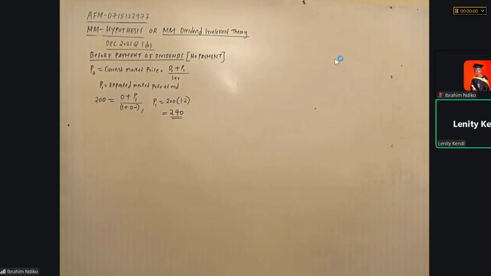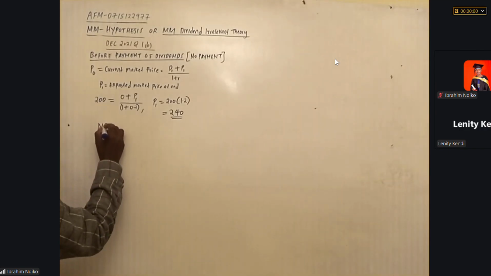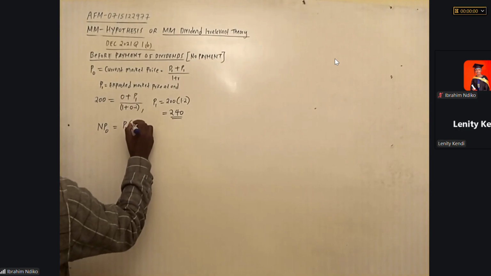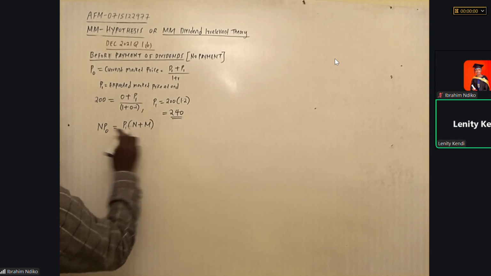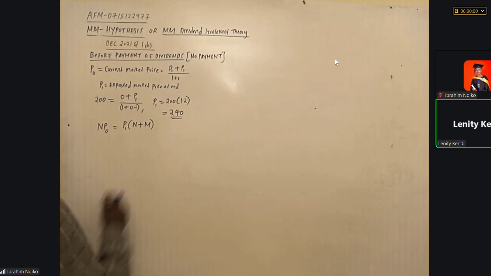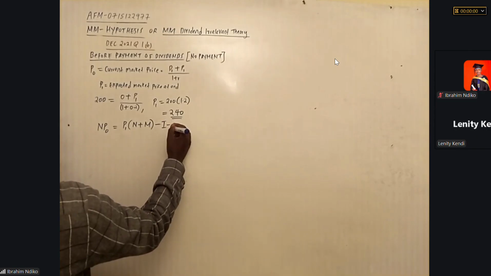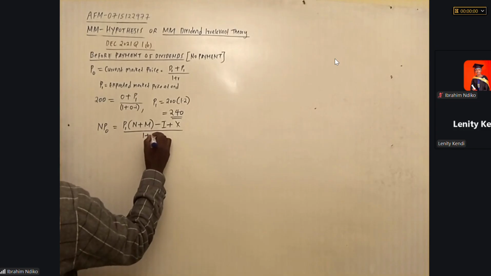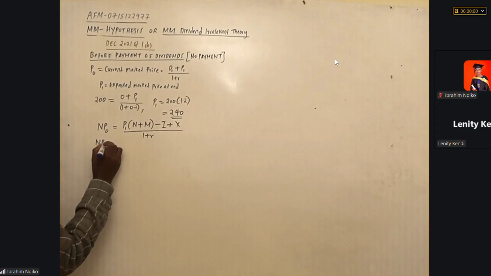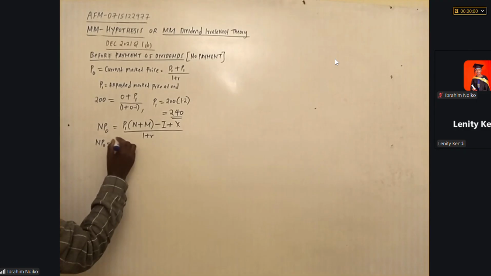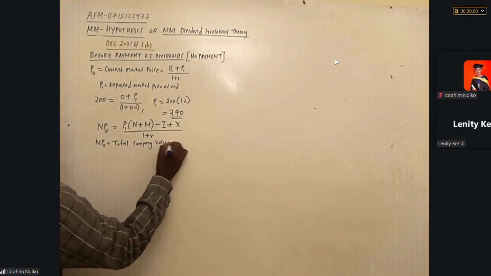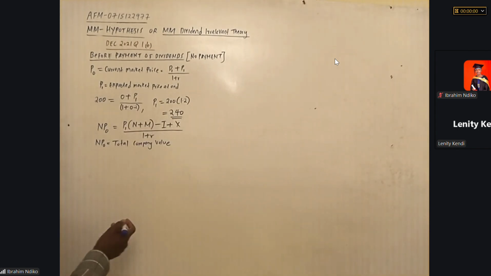So that's the formula for total market value. nP0 is equal to (n plus m) P1 minus (I minus X) all divided by (1 plus R). nP0 is the total value of the company. We have P1, the expected price.